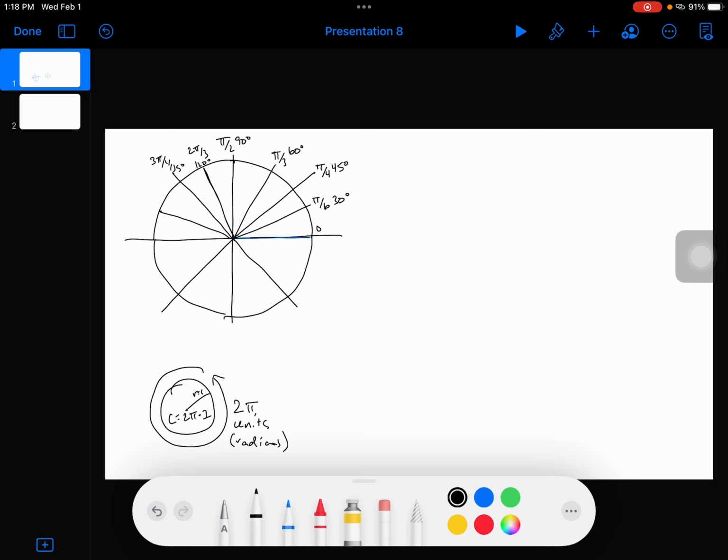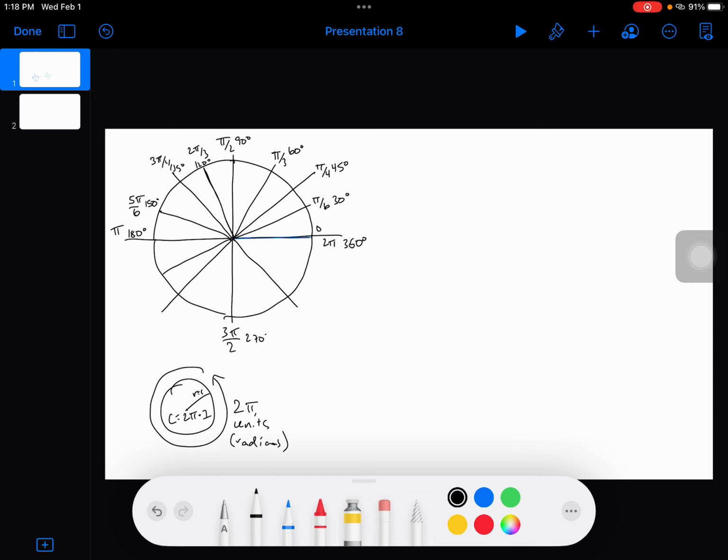We're halfway between 120 and 180, so that's going to be 150 degrees, or 5 pi over 6. And then we've got pi, or 180 degrees. And if you want to figure out the big numbers, 3 pi over 2, or 270 degrees. And then 2 pi is 360. And that's the resting position for that angle. It'll restart the cycle again.